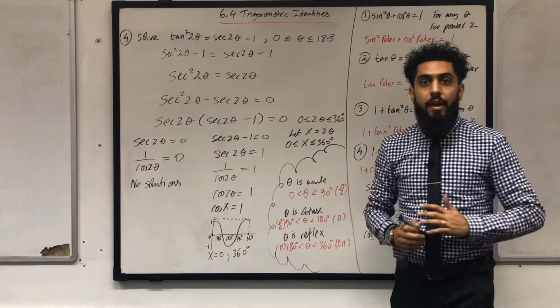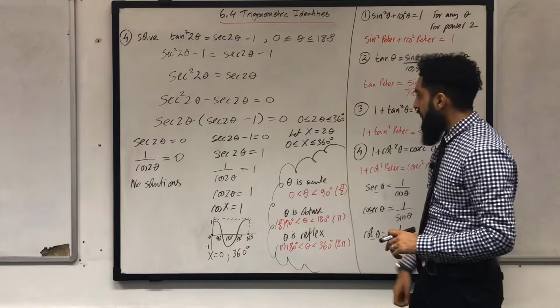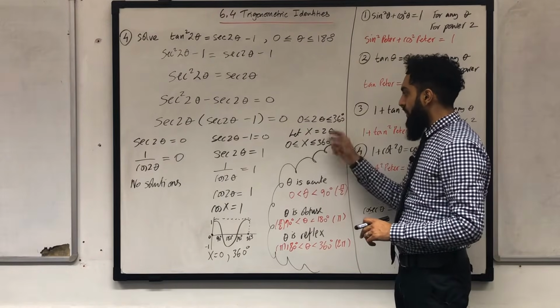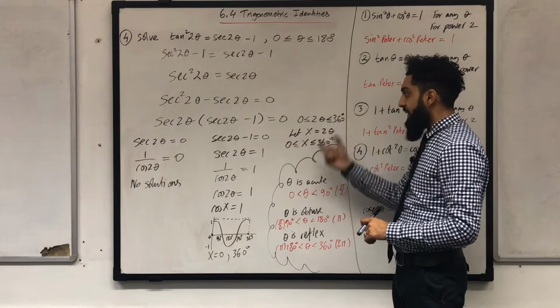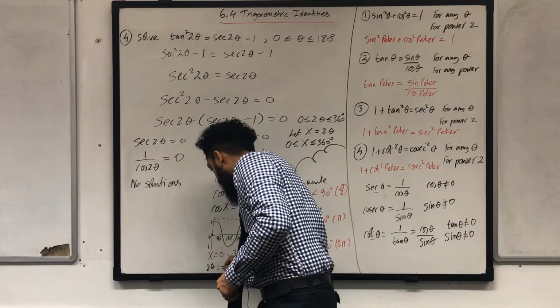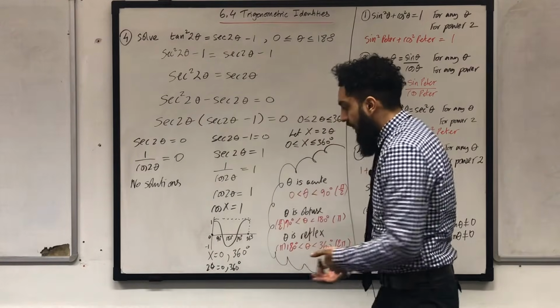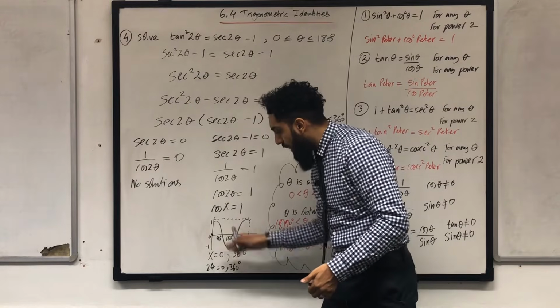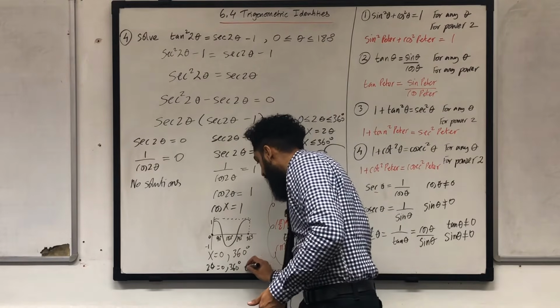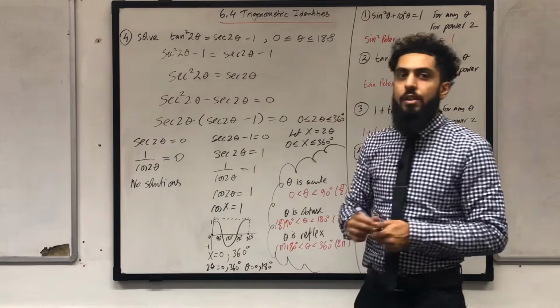Now I'm not solving for x, I'm solving for theta. So I need to replace the x with my substitution over here, which was x equal 2 theta, so I'll replace the x with 2 theta. So 2 theta is equal to 0 or 360 degrees. Hence, if I want to work out theta, I divide each of these angles by 2 to give me theta equal to 0, theta equal to 180 degrees.